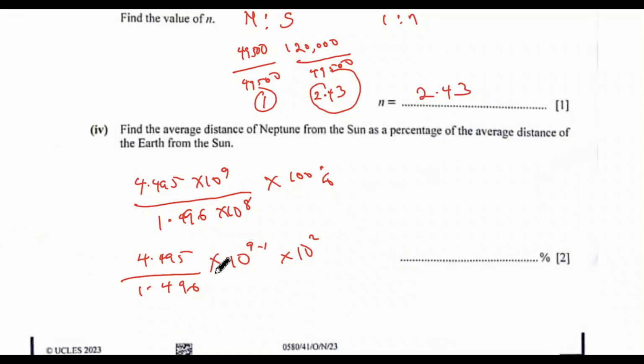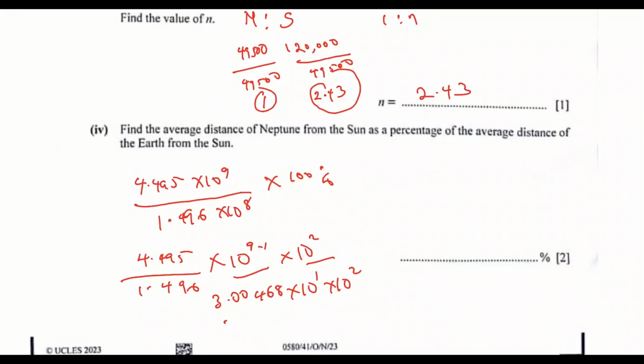So if you divide 4.495 by 1.496, you will get 3.00468, then times 10 to the power of 1 for this, and times 10 to the power of 2 for this. So we can actually combine these two together.